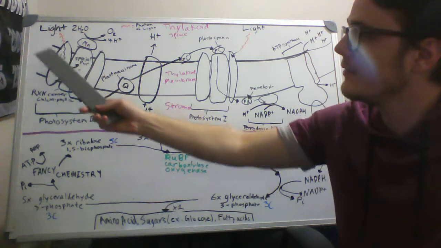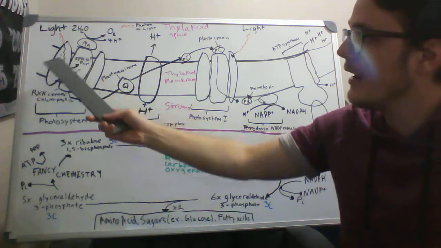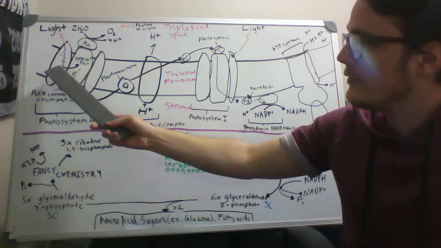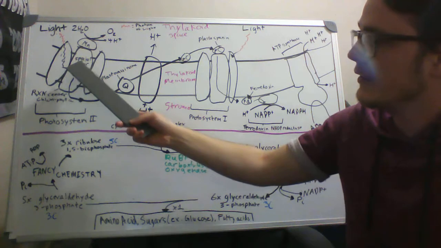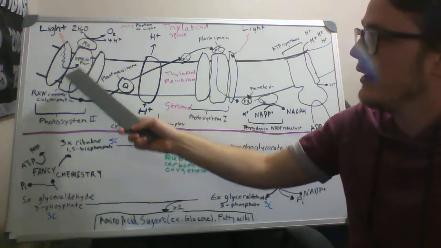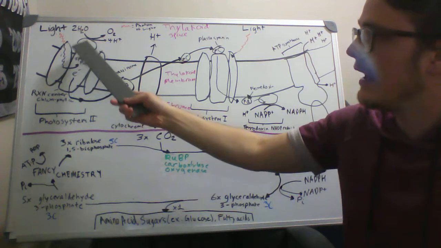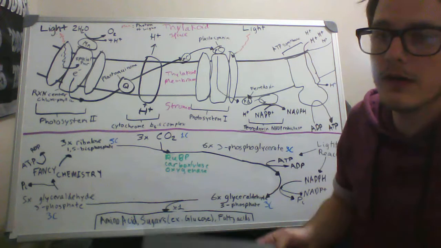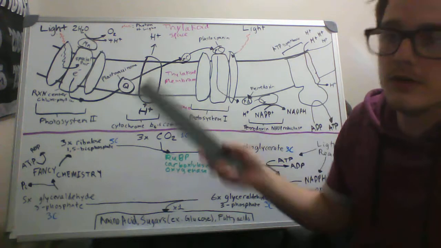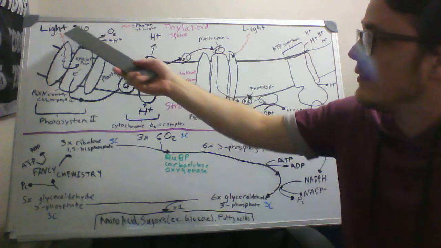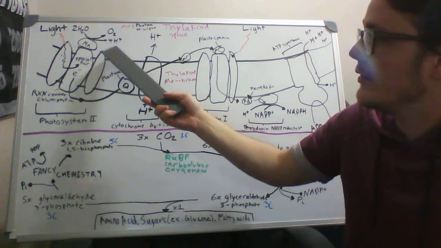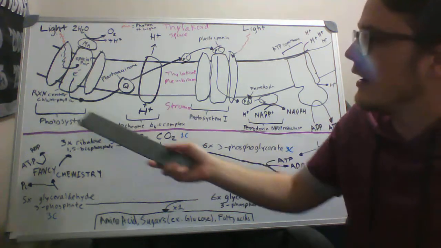We have photons of light coming in, and they bump around and transfer energy all the way to the special pair of chlorophyll molecules, and the combination of that with the oxygen evolving complex, also known as the water splitting complex over here, with 2 H2O giving off O2 and 4 hydrogen ions.